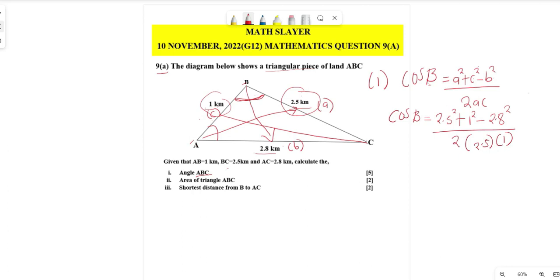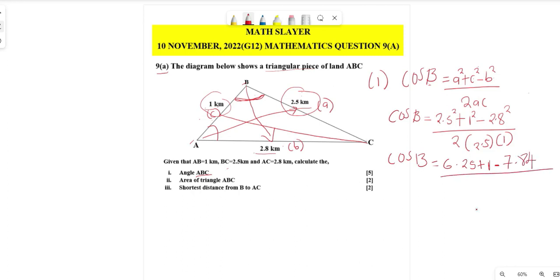After substituting, we just need to simplify our calculation. 2.5 squared is 6.25. You are required to use a calculator because this is paper 2. Then 1 squared is 1, minus 2.8 squared, which is 7.84.